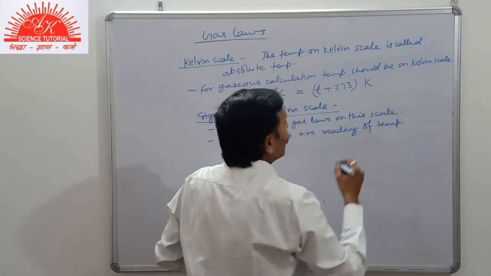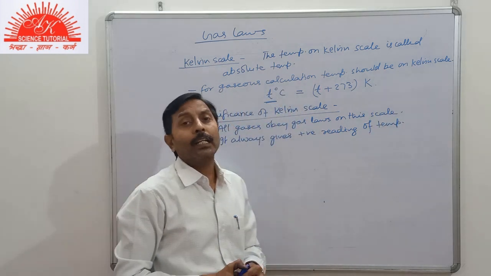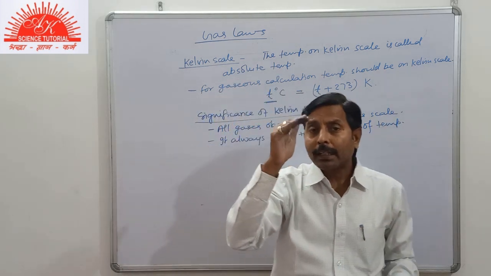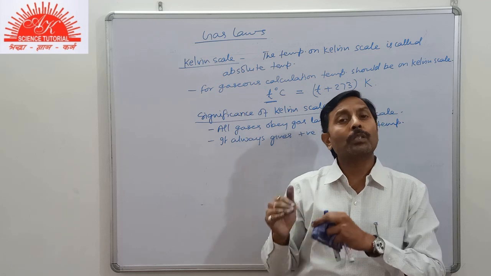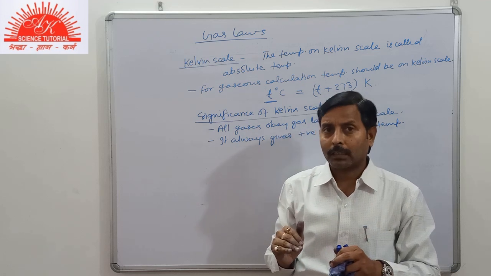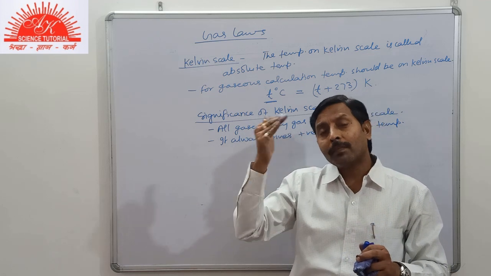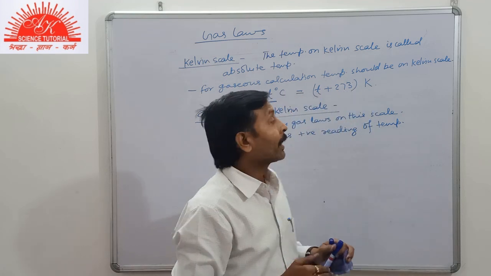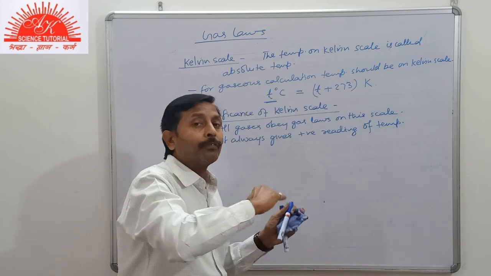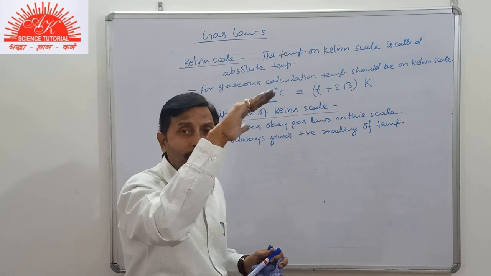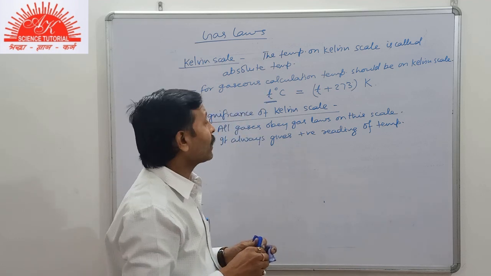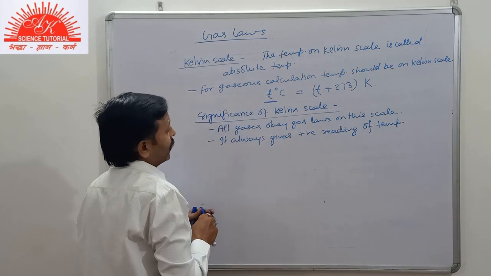Like you have seen, in the Celsius scale it may be below 0, in negative, up to minus 273 degrees Celsius. Fahrenheit may be in negative, but Kelvin will start from 0 because this was the lowest temperature. No matter can exist below that temperature.